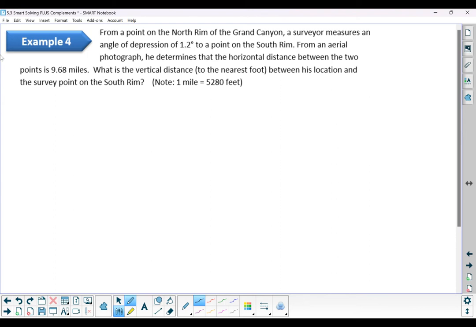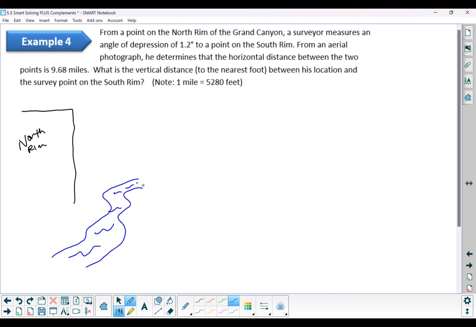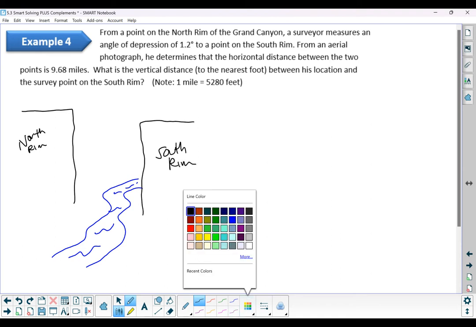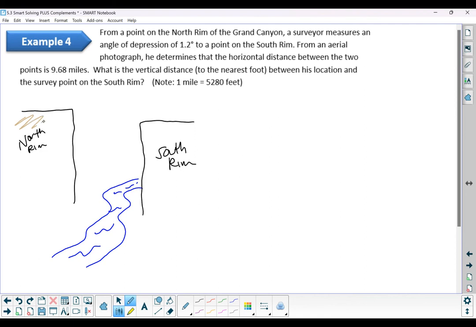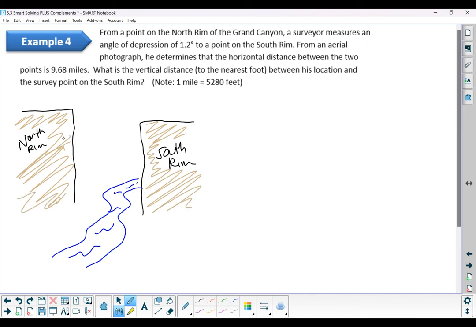So if we were looking at a cross section of the canyon, we would have this north rim, and then the canyon has a river flowing through it. And then the south rim, it's not quite as tall. So this is our canyon walls, and we've got that river flowing through the canyon.